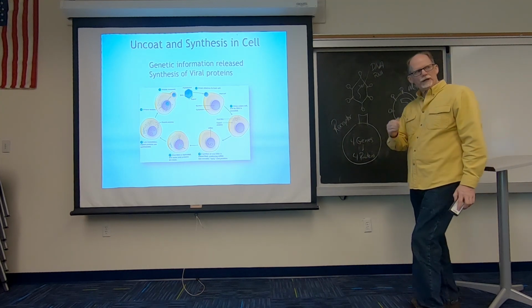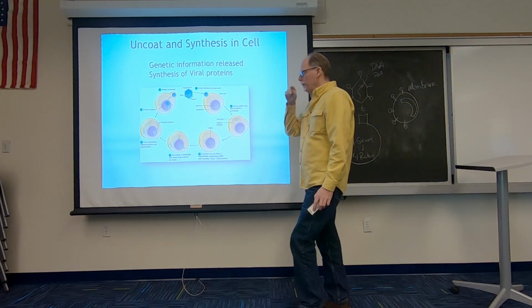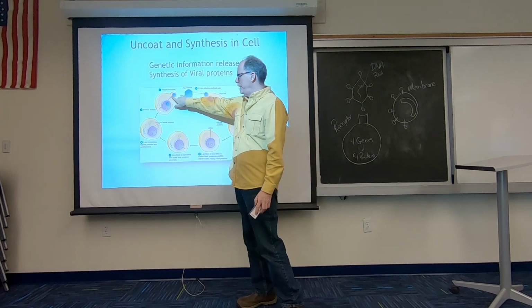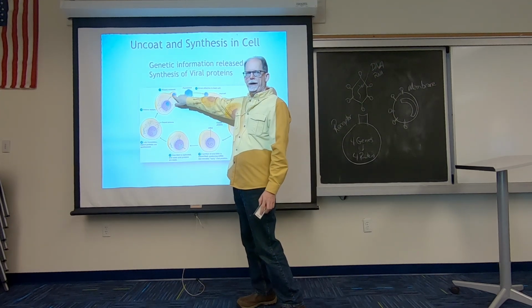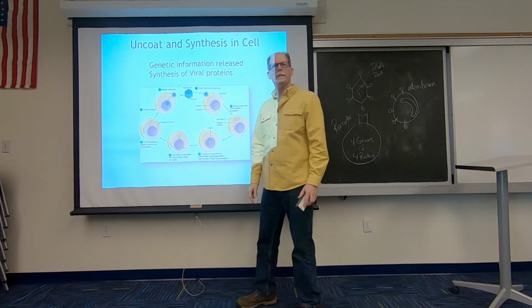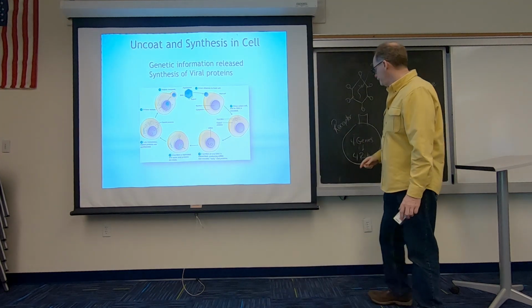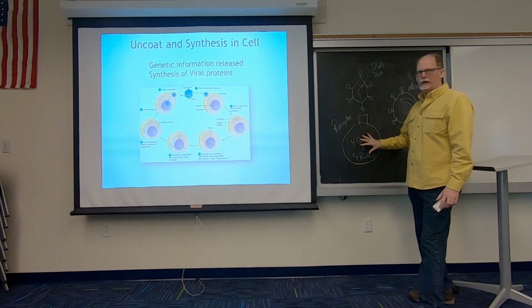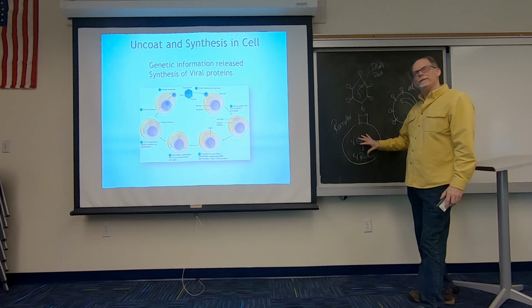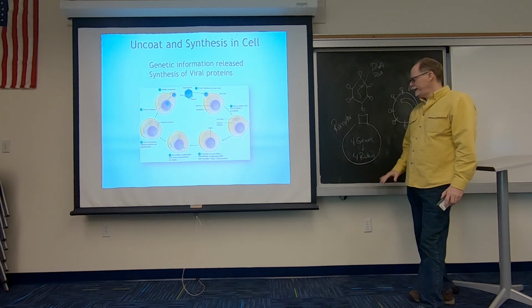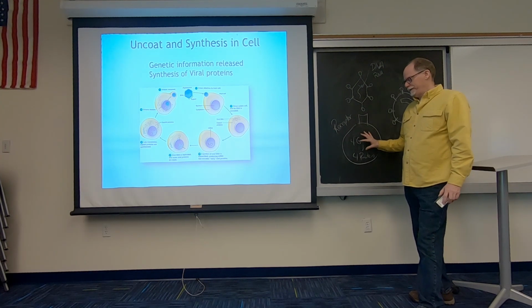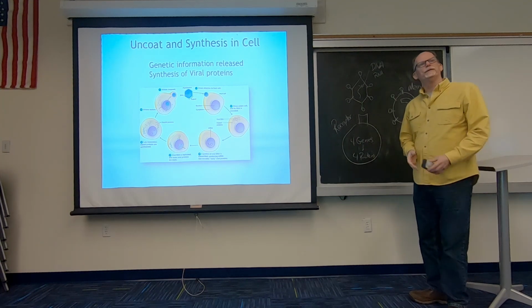Those 4 proteins are the proteins that have to be put together to make a virus. So the virus forces the cell that it infects to make more virus. In the process, the cell that does that dies.